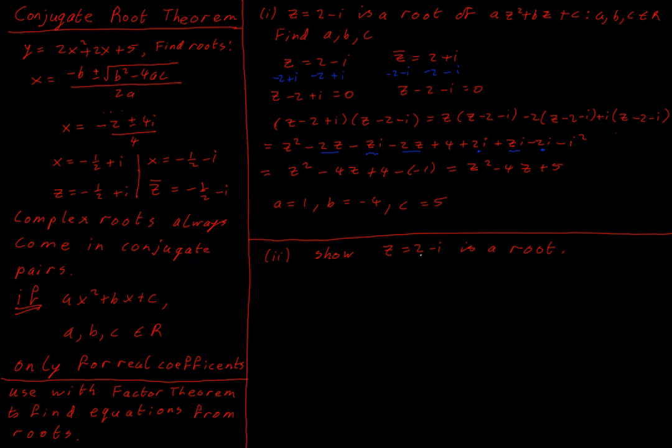So how do I show that something is a root? Well, it should make the equation equal 0. If I sub in this value of z into my equation, it should make the equation equal 0. So let's try that. z squared minus 4z plus 5 should equal 0 when I sub in z is 2 minus i.